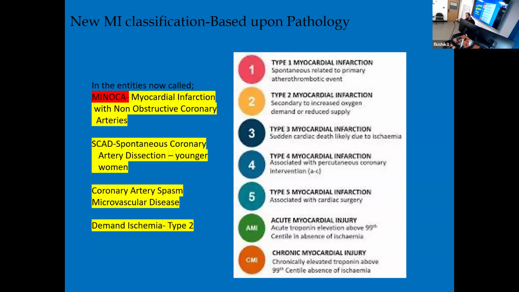And if it gets better, that means that whatever caused it is being reversed. So they call that demand ischemia. I would know that term, demand ischemia. It's called a type 2 MI. So if you have, I don't know, pneumonia, really bad pneumonia, and you have heart failure with it, right? Your heart's going to work hard. And troponin, if you look back at yesterday's slides, is a protein that's secreted when your heart's under stress.